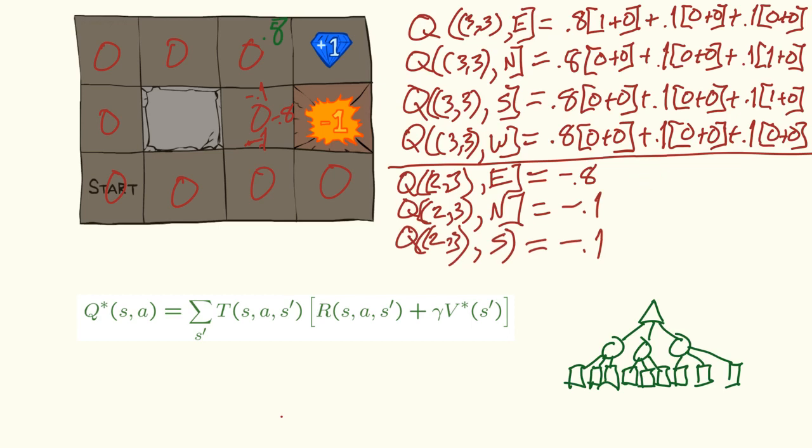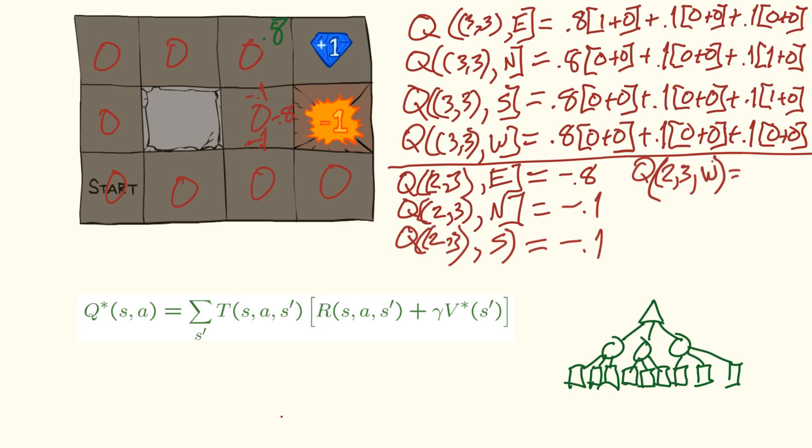But finally, okay, Q of 2, 3 going west is actually, well, 80% of the time you bounce off the wall, go here and get 0, 10% you go up there and get 0, 10% you go down there and get 0.